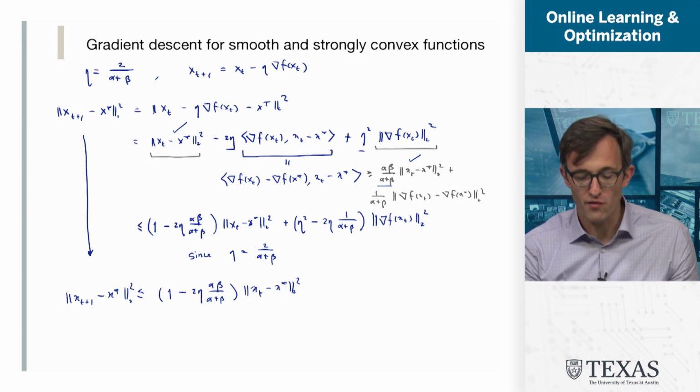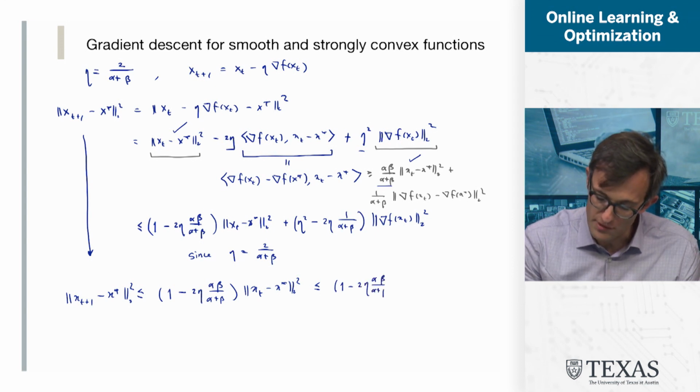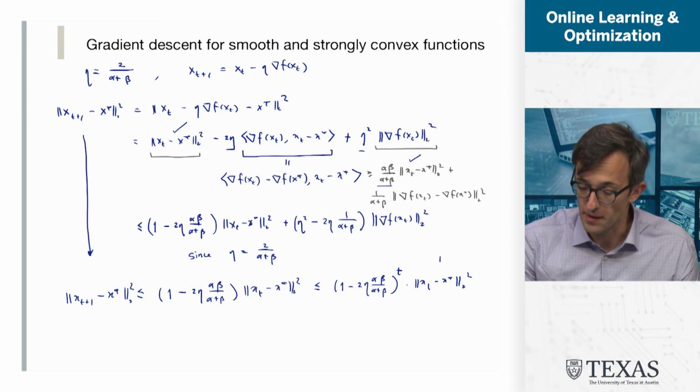And that means every time I iterate, I can keep going, and I'll get that this is less than 1 minus 2 eta alpha beta over alpha plus beta raised to the t times x1 minus x star squared, which was equal to my r squared.